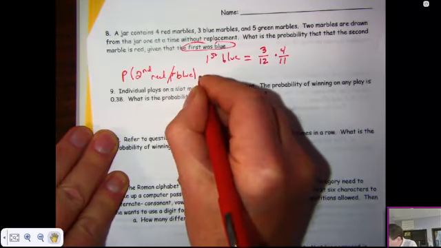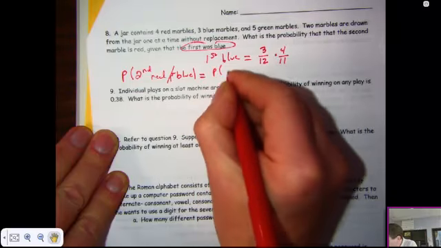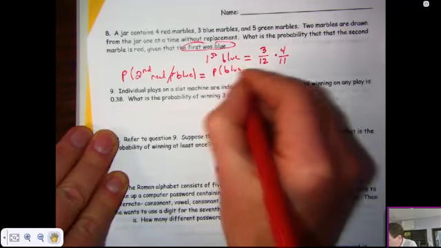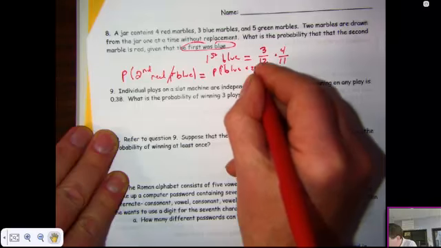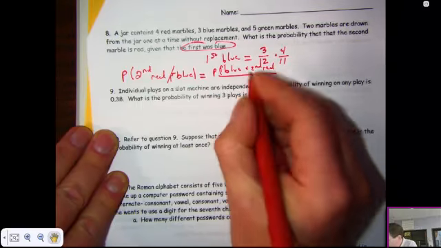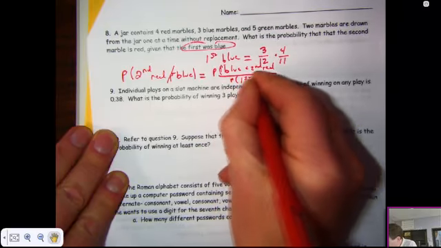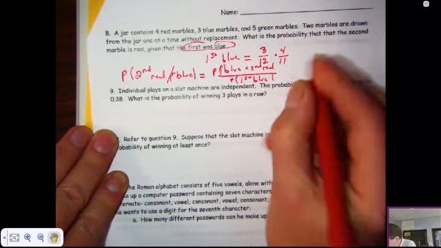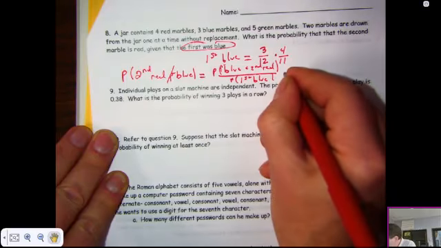Now, if we use our conditional probability formula, it's the probability that the first is blue and the second is red, divided by the probability that the first is blue. So it's just 4 of them, 0.25. 4 over 11.